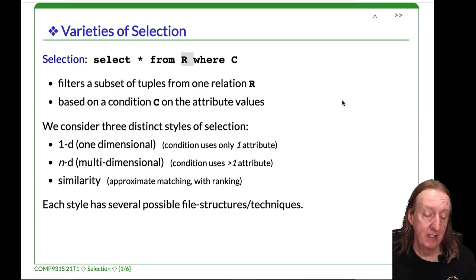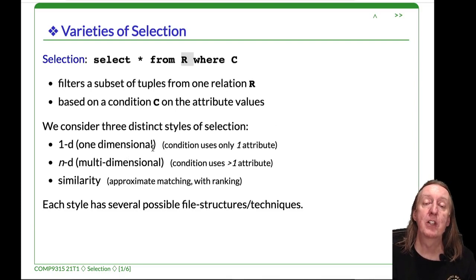So select star from student where ID equals 7654321. Right, so that's a selection using a single attribute. You could also use an inequality, so select star from students where age is greater than 60, for example.